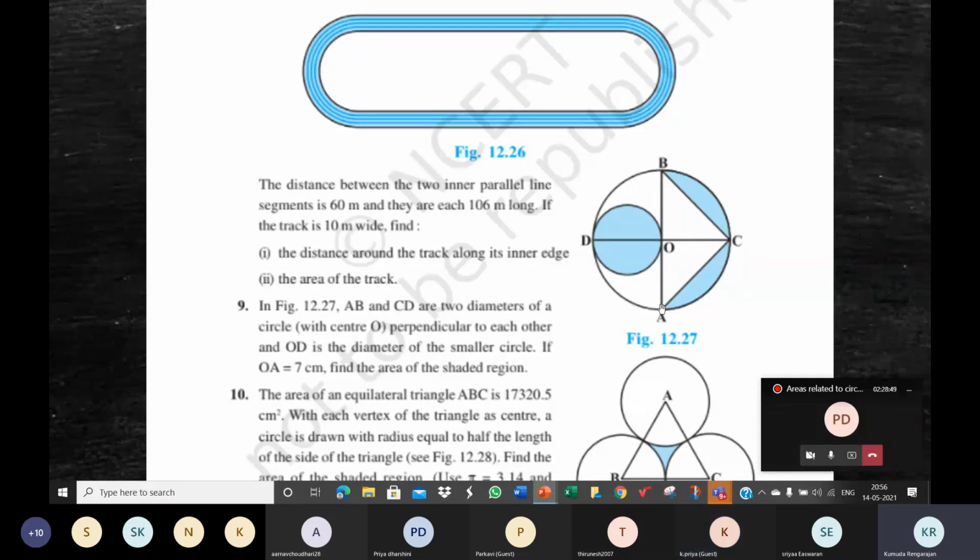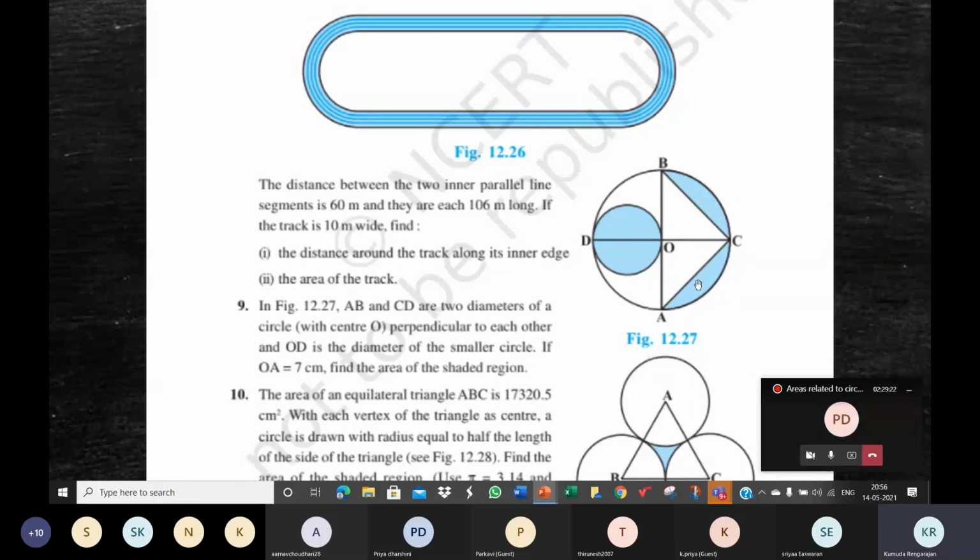So area of semicircle, see here, this one is a semicircle. Area of the semicircle minus the area of this one triangle will give us the area of the shaded regions here. Plus the area of the circle will give us the area of the region shaded totally.